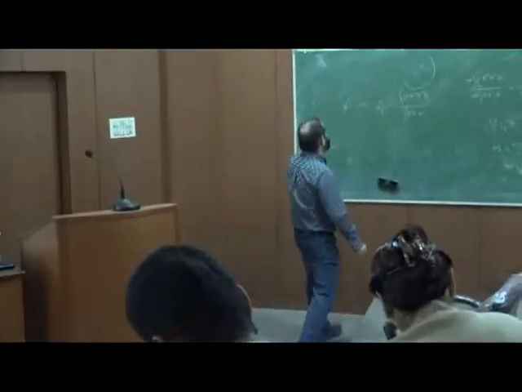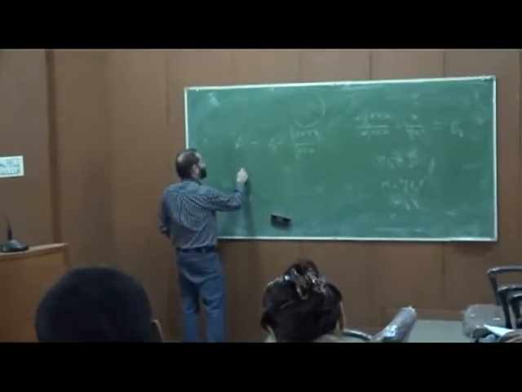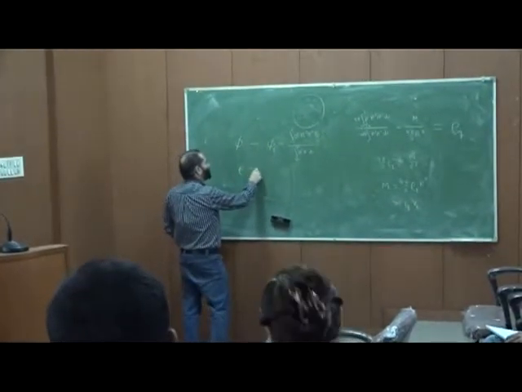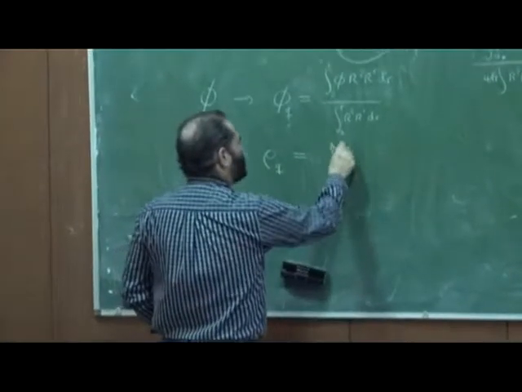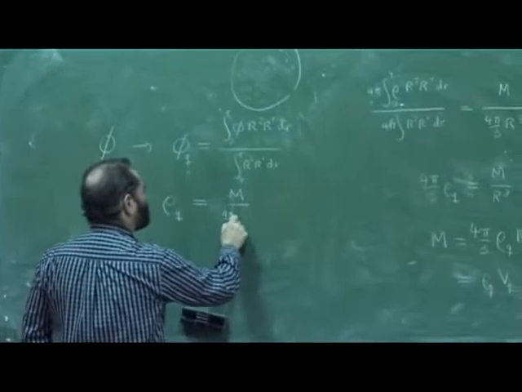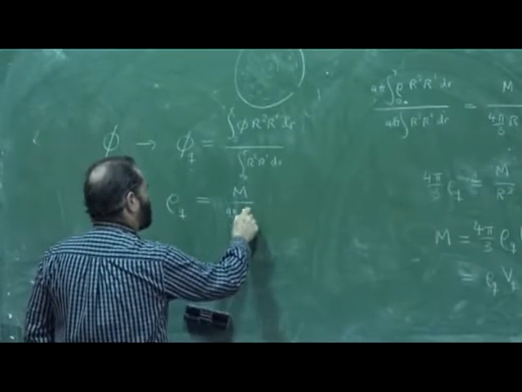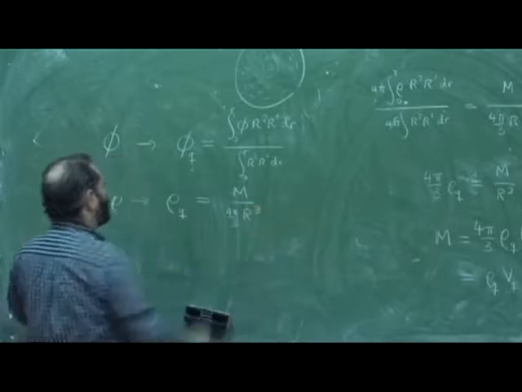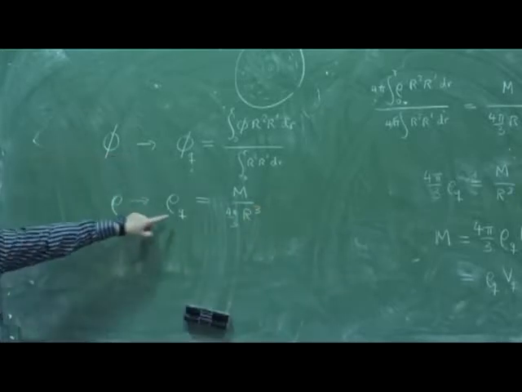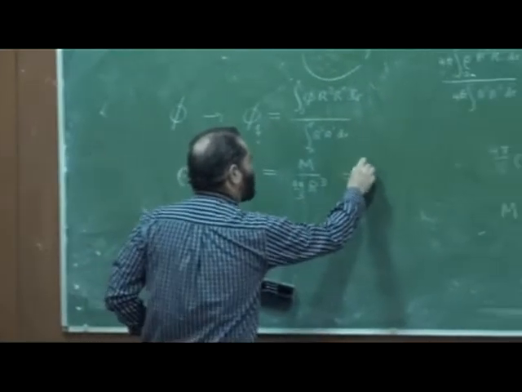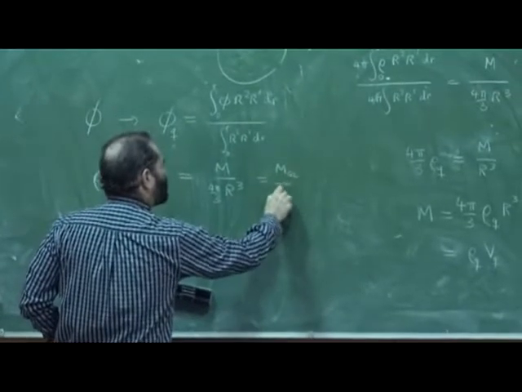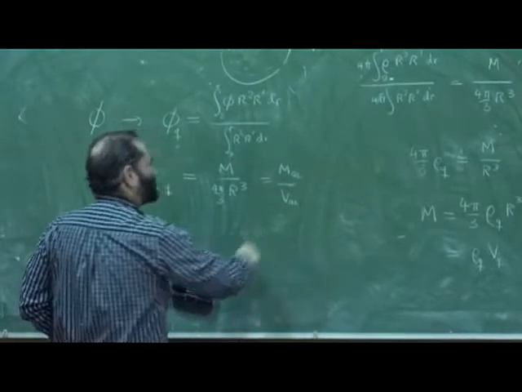Which scalars do you think should be subjected to this? We've already seen that rho goes to rho_Q, which is simply M by V. We've seen that if we subject rho to this definition, we get something like this, which is very nice, because this is the quasi-local mass divided by the quasi-local volume, right?